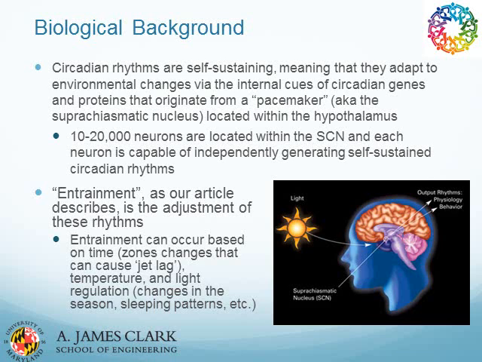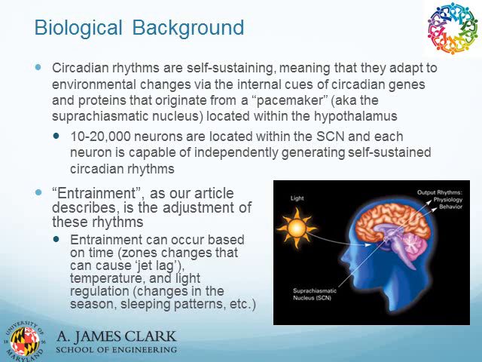Entrainment, as our article describes, is the adjustment of these rhythms. Our article mostly focuses on the light and dark transitions. Entrainment can occur based on time zones, temperature, and light regulation. For example, jet lag: when you transition to a new time zone and you experience tiredness, drowsiness, and sometimes you even feel sick, it's your body adapting to the new cycles.